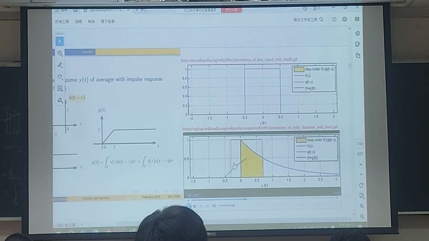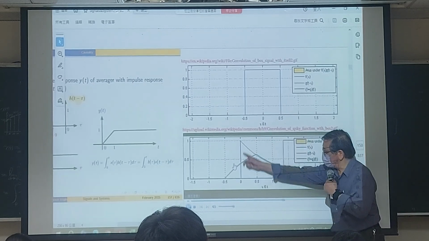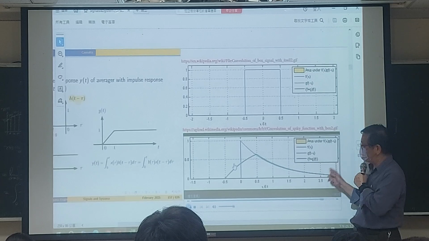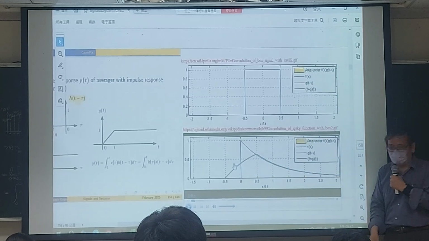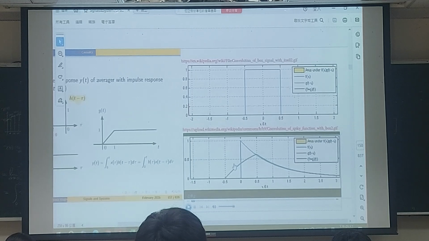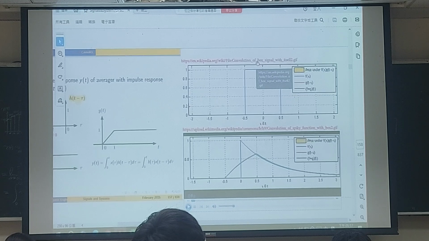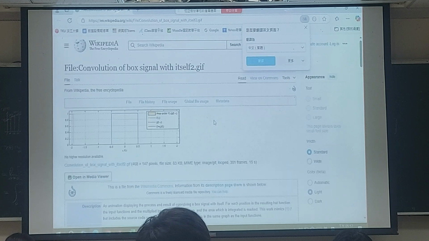So the red one is the impulse response, and this blue one is the input signal. Once you use a convolution, you can generate the output signal. A little bit tedious, but that's fine. You can figure it out. Again, I took this from Wikipedia directly.